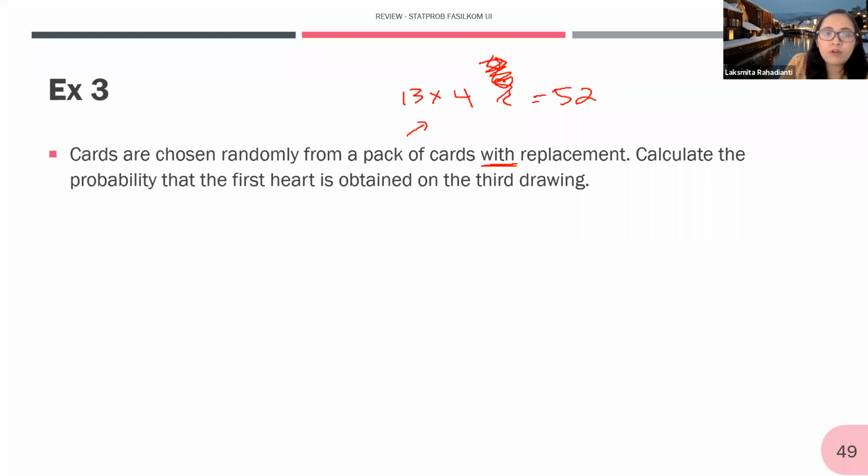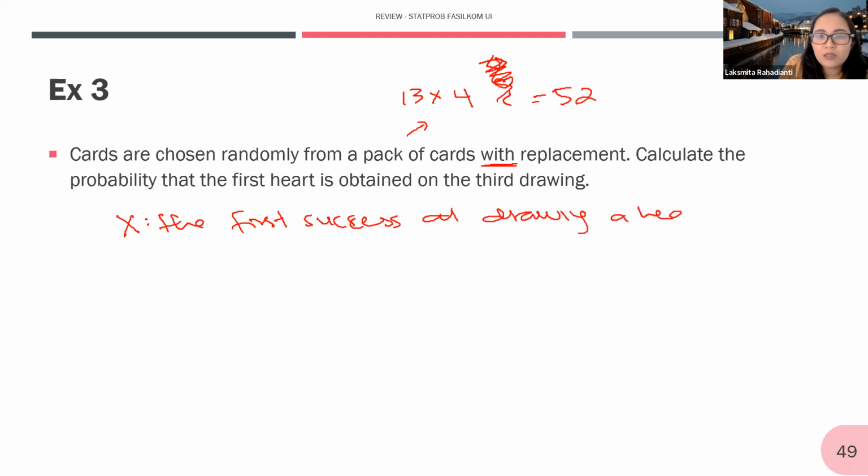So I know for the probability, if I determine X is the first success at drawing a heart, I need to compute that actually the possibility of obtaining a heart itself is 13 out of 52 because of hearts, there are 13 of them.